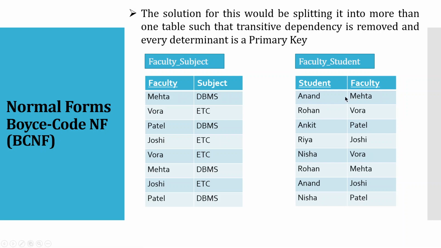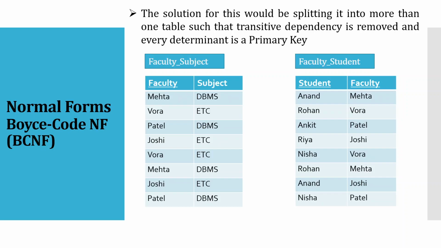So Anand is being taught by Mehta, Ron is learning from Vora, Ankit is learning from Patel. So this is the only solution where you remove the transitive dependency as well as change the primary key of the tables.